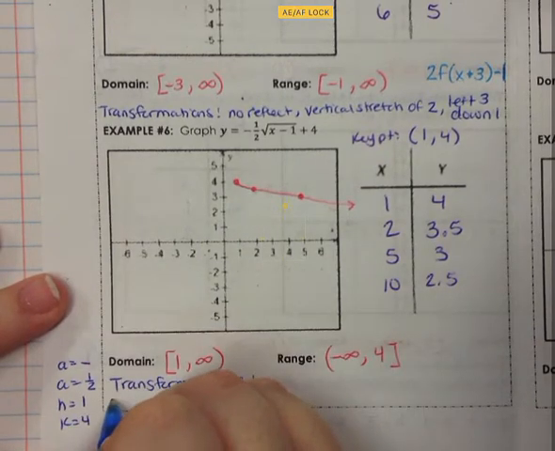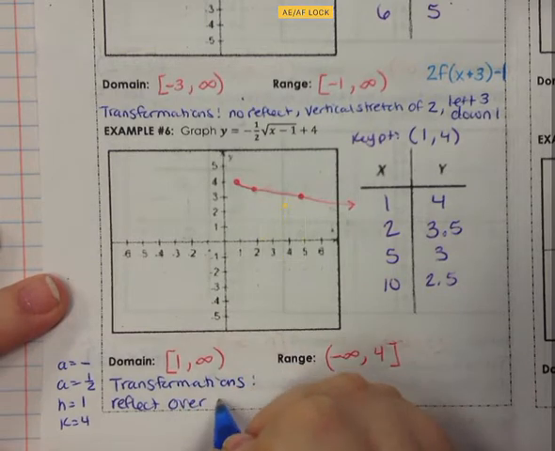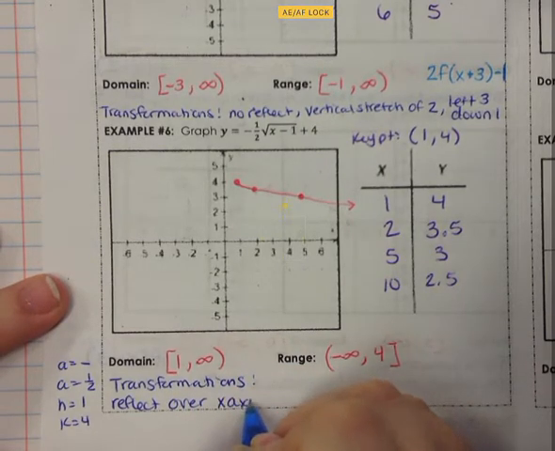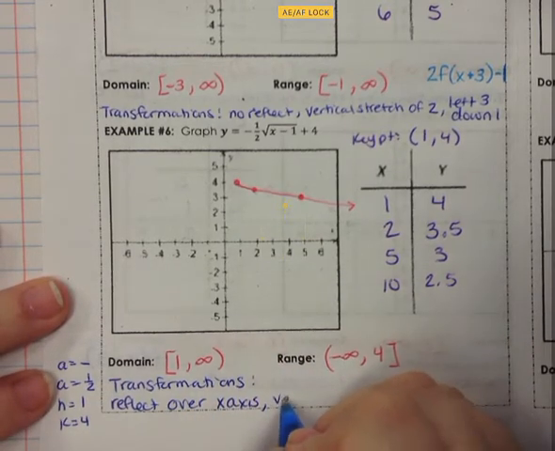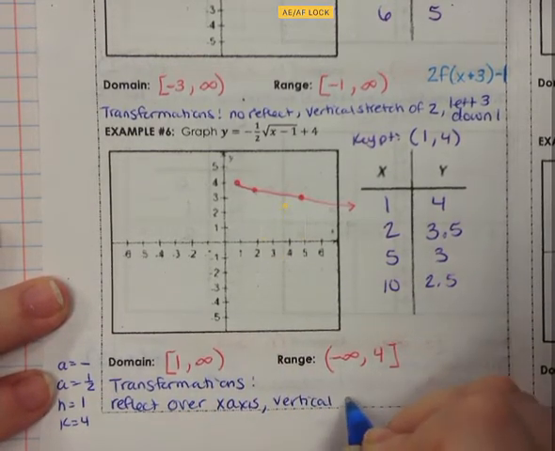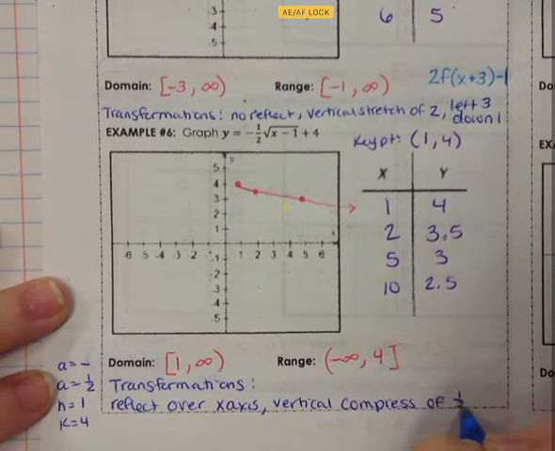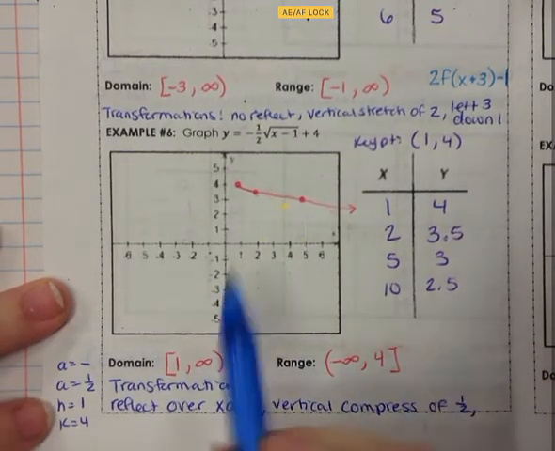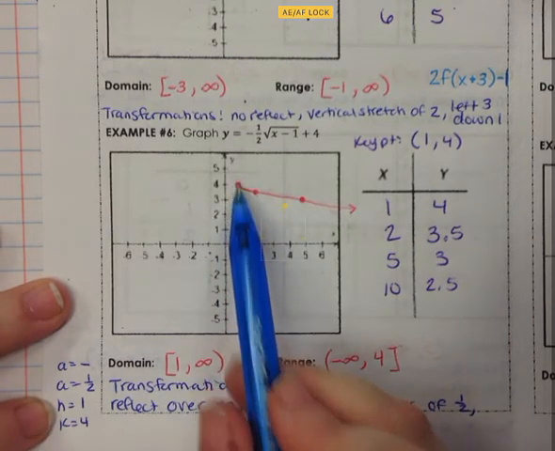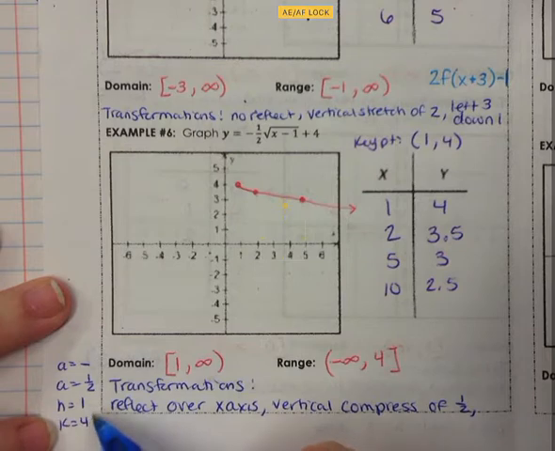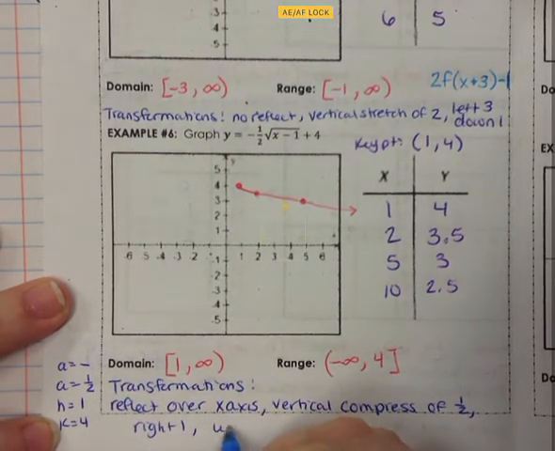That means that there is a reflection over the x-axis. A is 1/2. That's a vertical compression of 1/2. Because h is 1, you can see that it went right 1 and then it went up 4. So even from, that's the 1, that's the 4. So right 1, up 4.